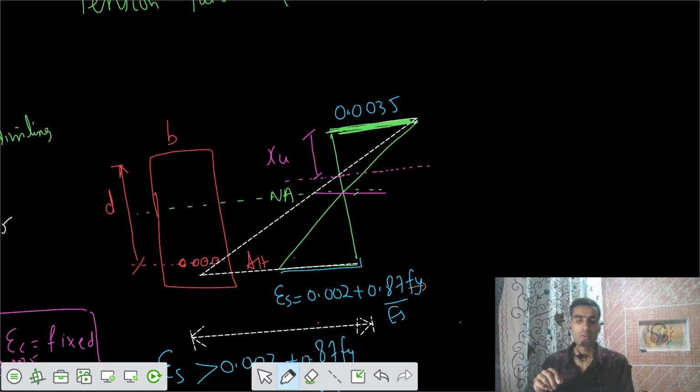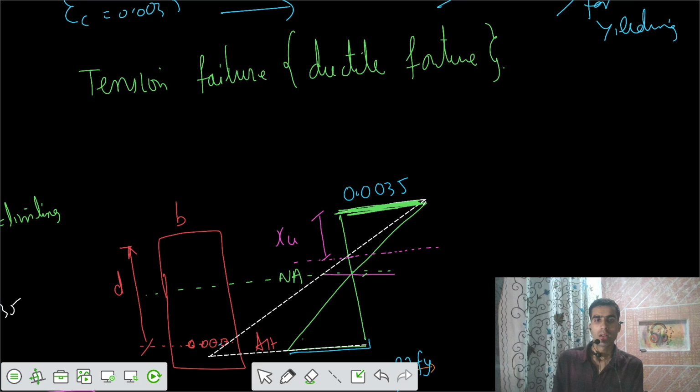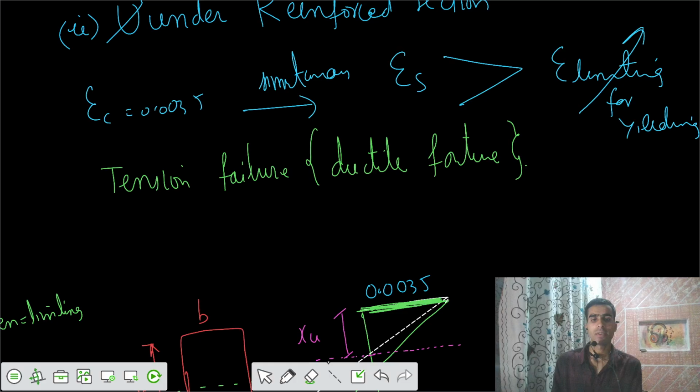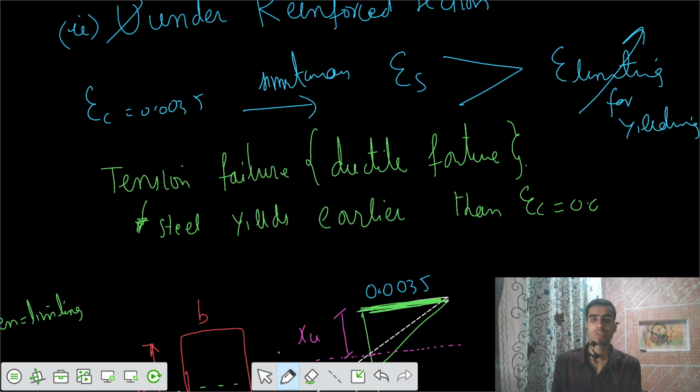So tension failure or ductile failure means that your steel yields earlier than strain in concrete is 0.0035.